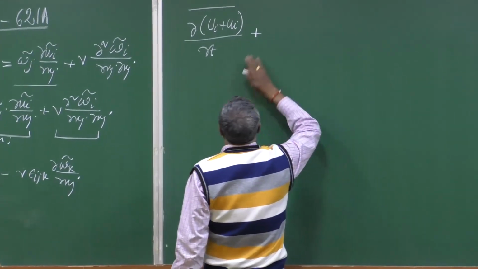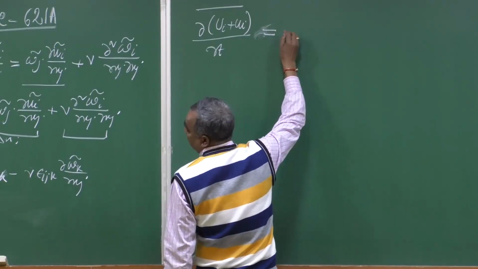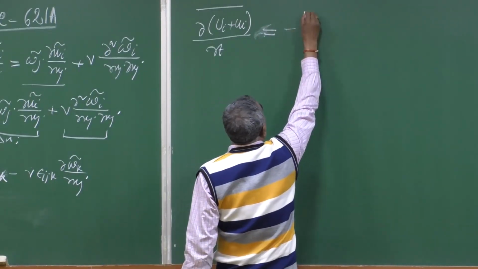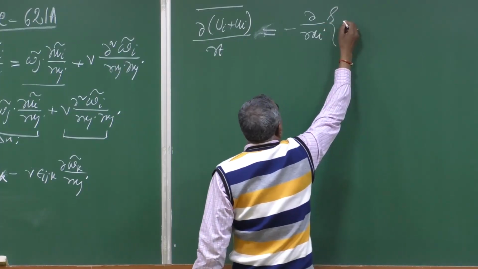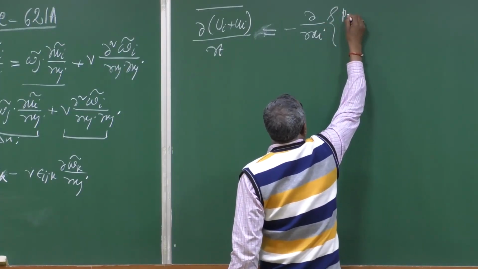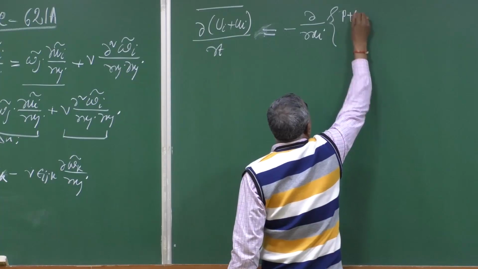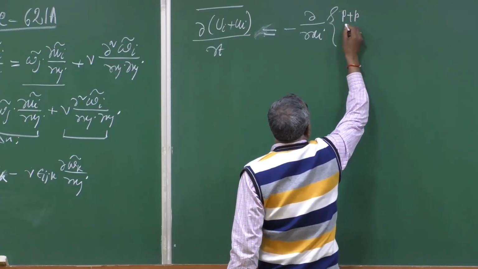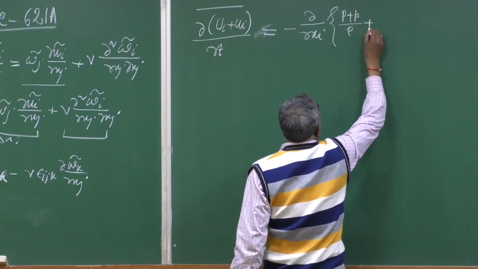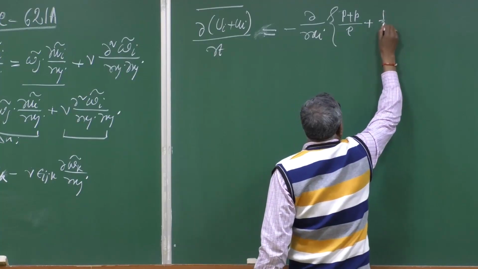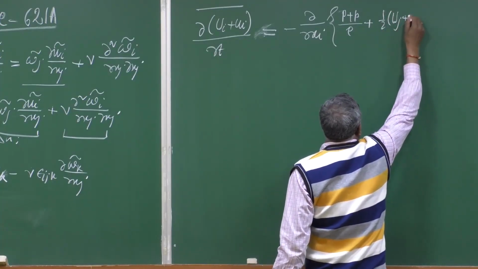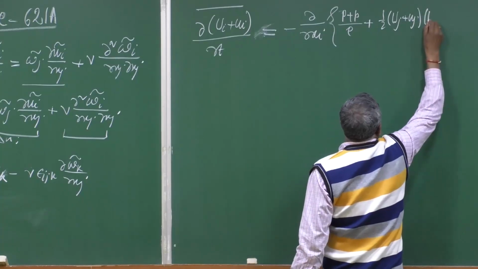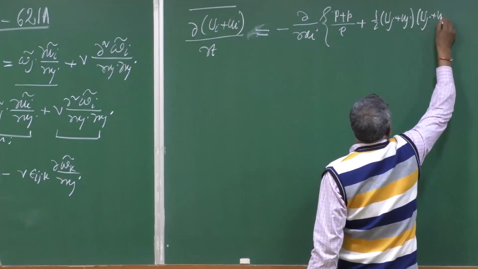This particular term we can write as del by del x_i of P plus small p by rho plus half (U_j plus small u_j)(U_j plus small u_j).